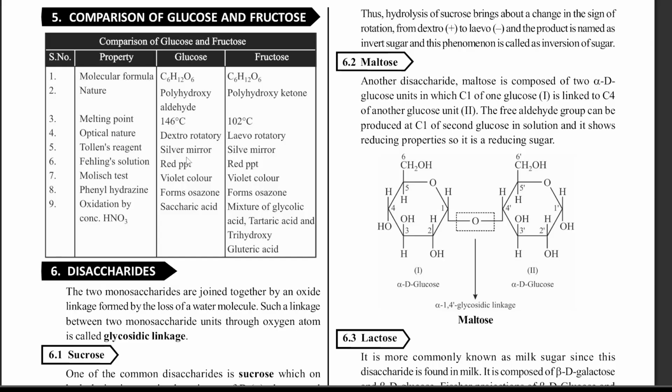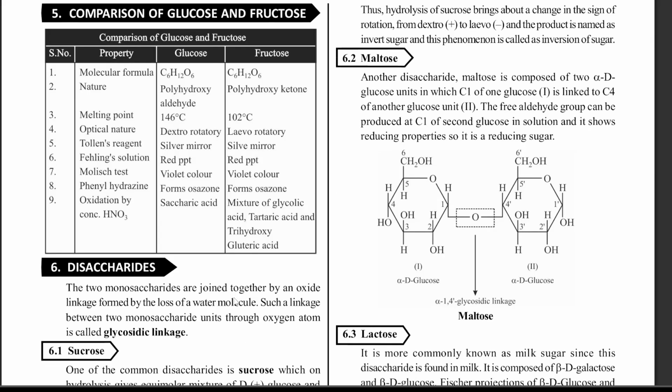Tollens reagent gives a silver mirror in both of them. Fehling's solution gives a positive test for both. Molisch test is given by both of them. Phenylhydrazine gives a similar test, and oxidation by concentrated nitric acid in glucose gives you saccharic acid, and in fructose it gives you a mixture of different acids.